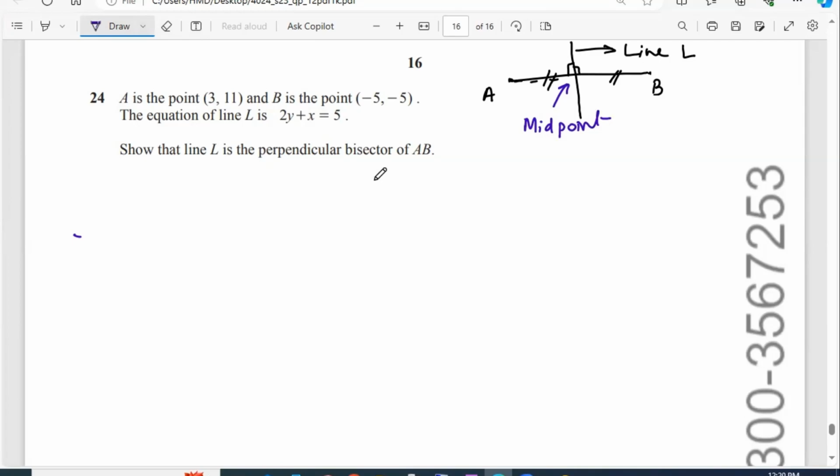I'm going to write the steps to find the equation of a perpendicular bisector. So note down, please.